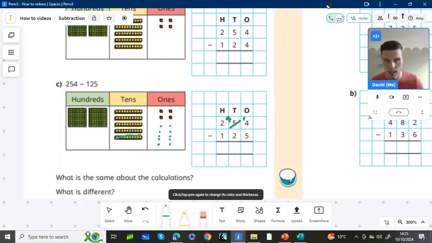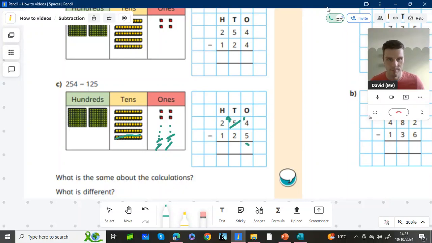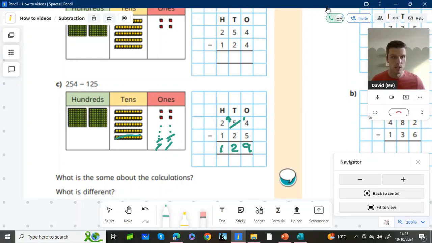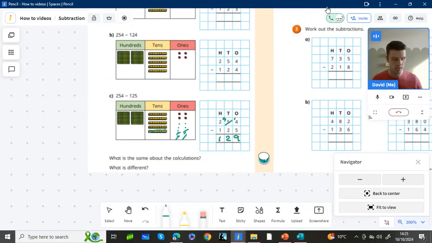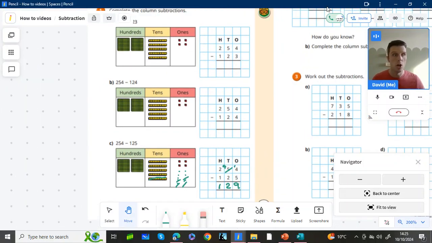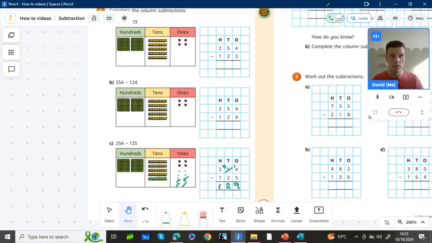So I'm going to cross them out again. 1, 2, 3, 4, 5. I'm left with 1, 2, 3, 4, 5, 6, 7, 8, 9. Okay. Now I'm doing the 10s. 4 take away 2 is 2. And 2 take away 1 is 1. So that's how you answer that question. So I'll just zoom out so you can see all 3 questions. Pause the video here, and then we'll move on to question 2.